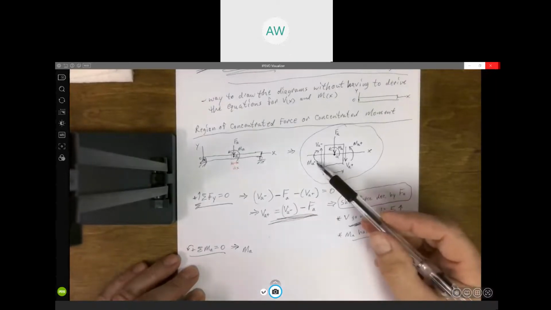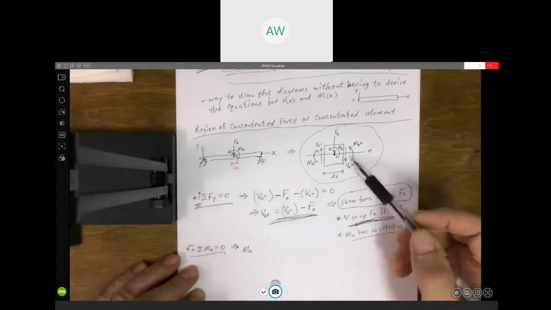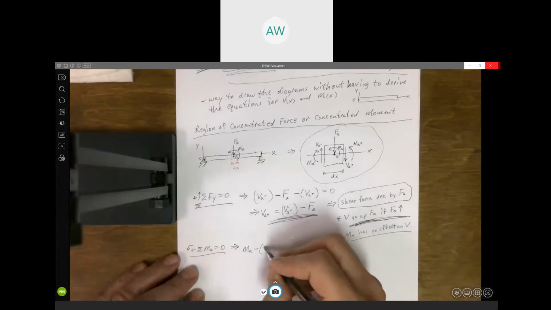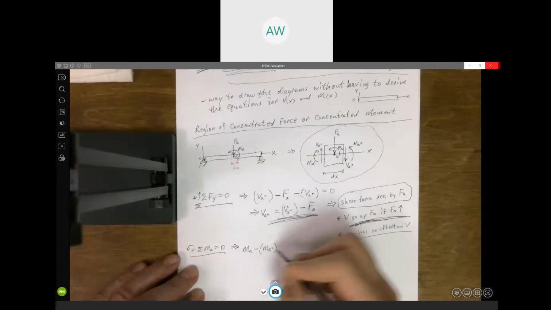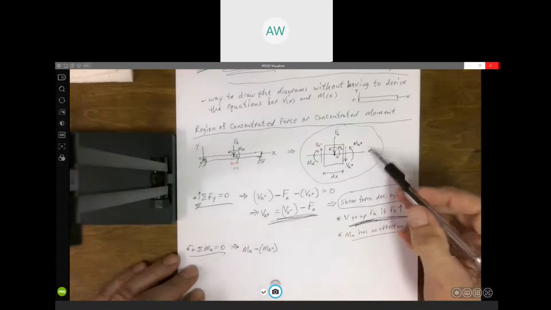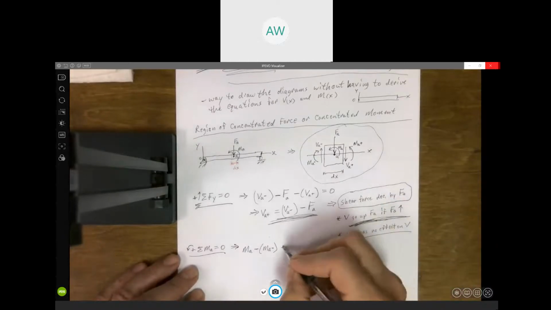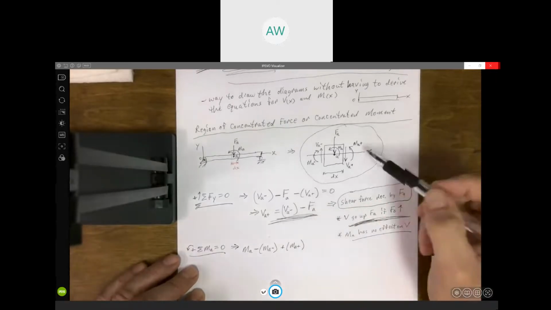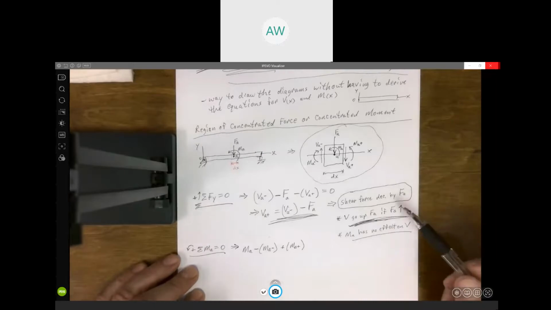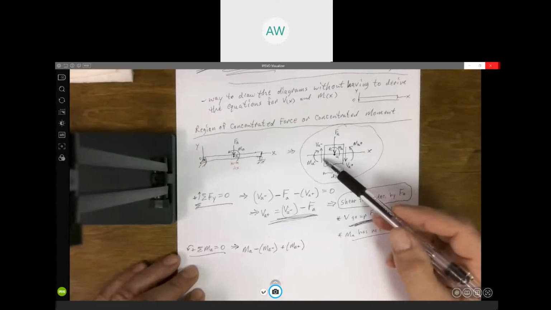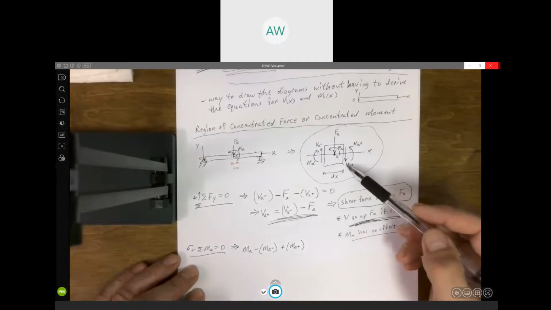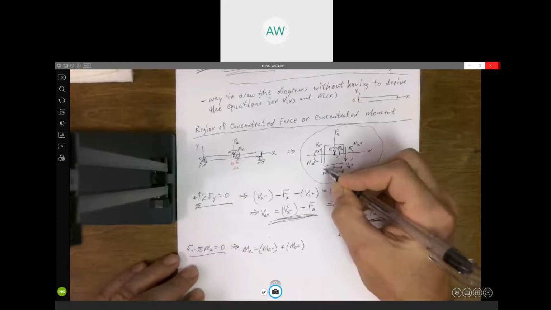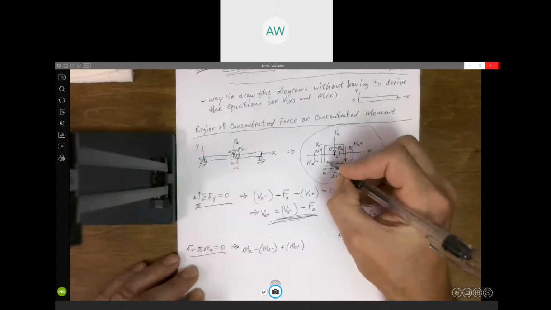Then we've got our two moments, MA minus and MA plus. I assumed MA minus was going clockwise, so that would be a minus MA minus. I assumed MA plus was going counterclockwise, so that's a positive MA plus. So I've got the three moments that are acting on this. Now, notice these two shear forces, VA minus and VA plus, do not go through point A. Right there, if this is dx, this would be dx over 2.